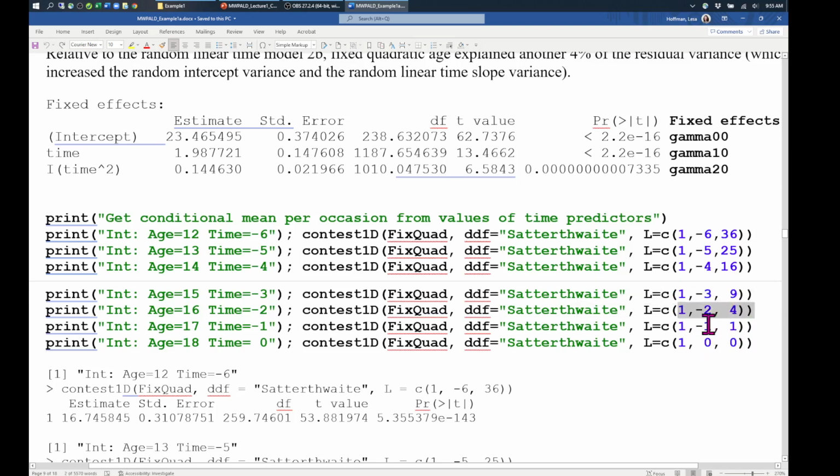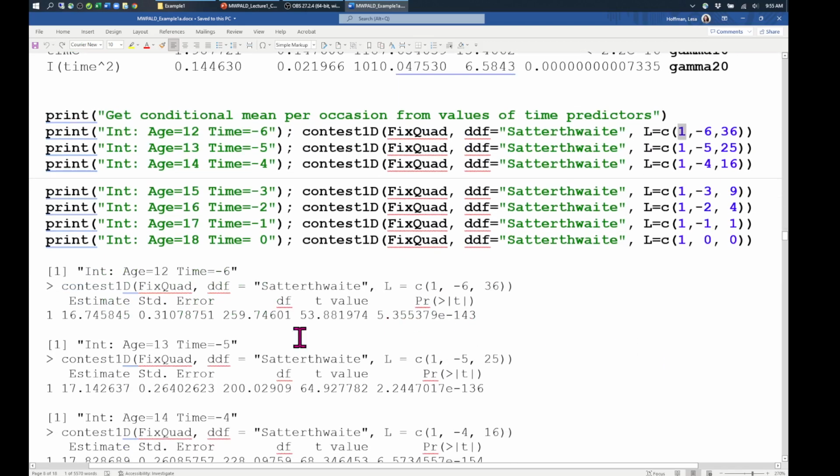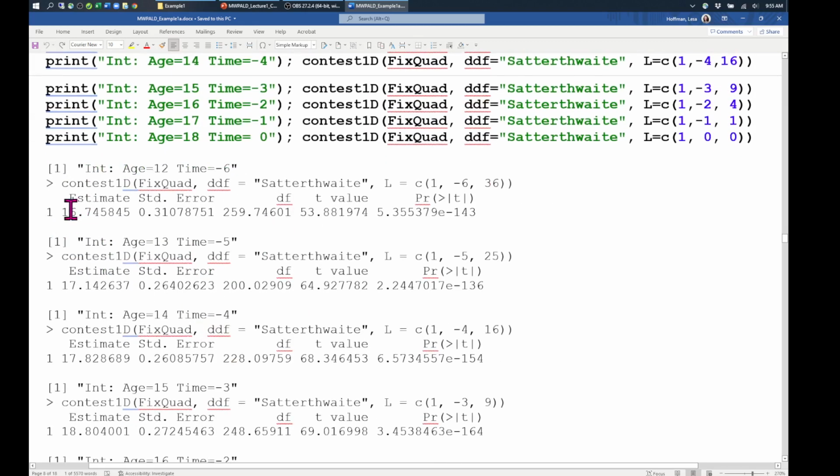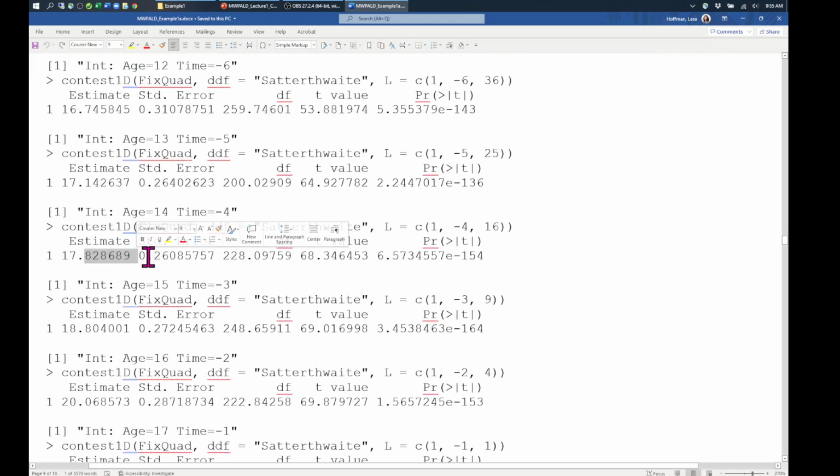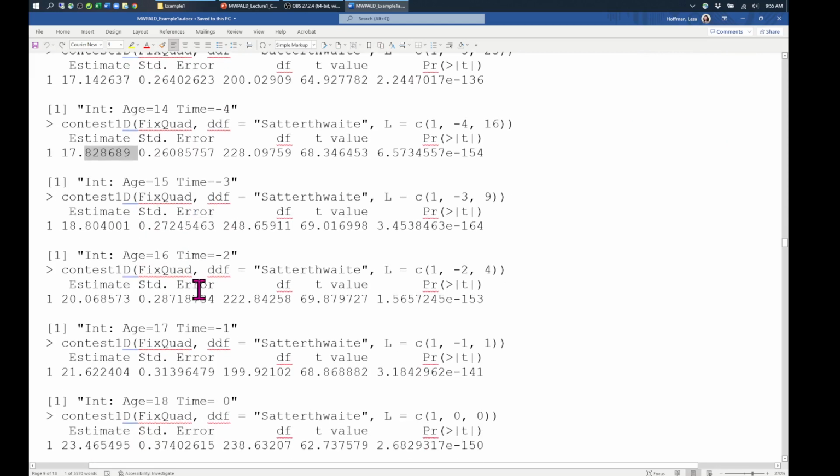Age 16, -2 squared. So these are the multipliers that are the variables that the slopes are multiplying. Nothing is multiplying the intercept, that's why it's a 1. So then here are the predicted values at age 12, age 13, age 14 that we could use to make a trajectory and a picture ourselves.